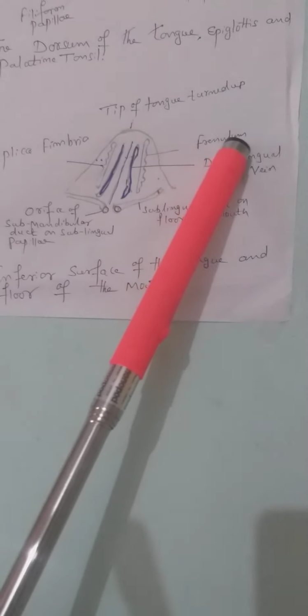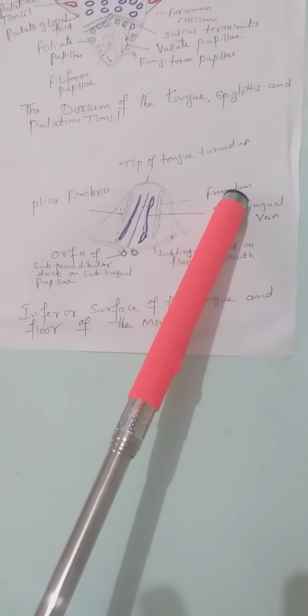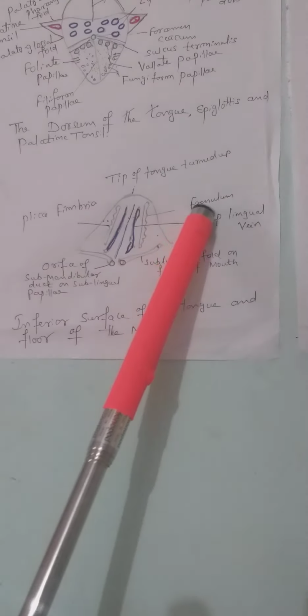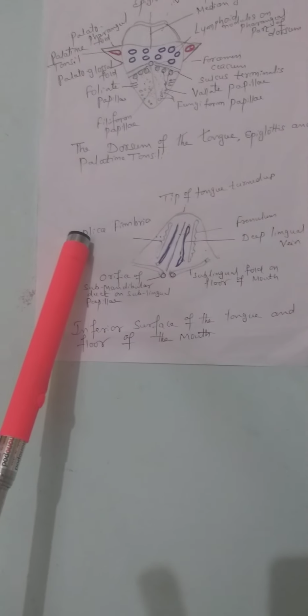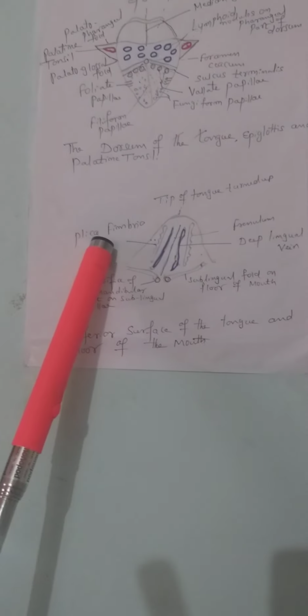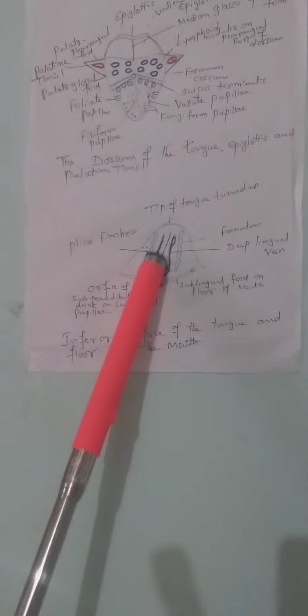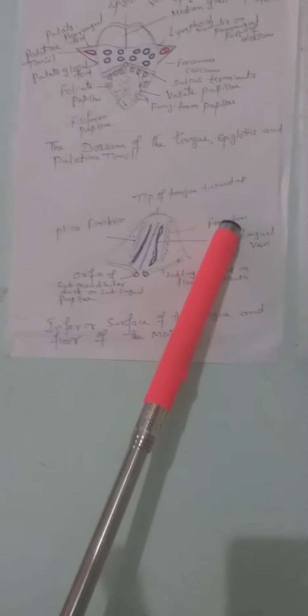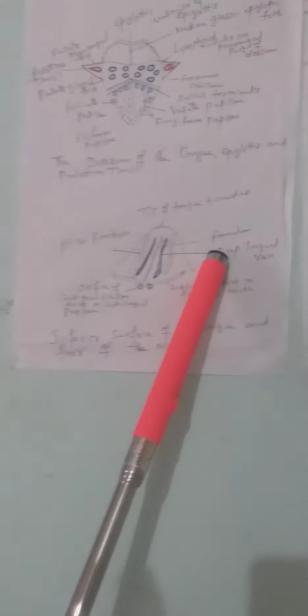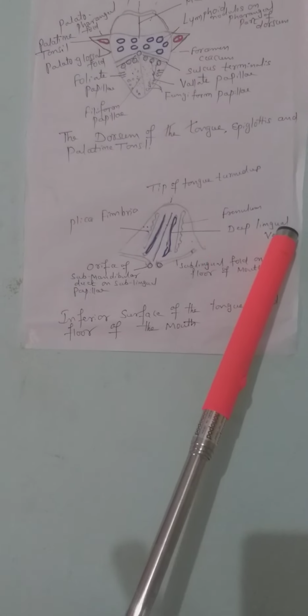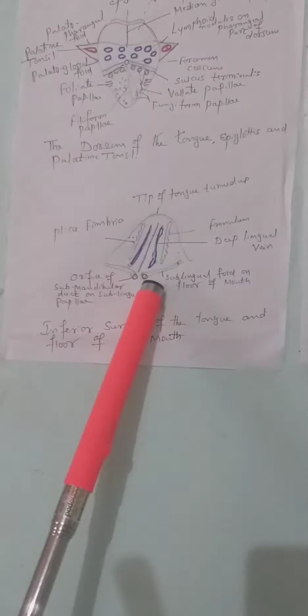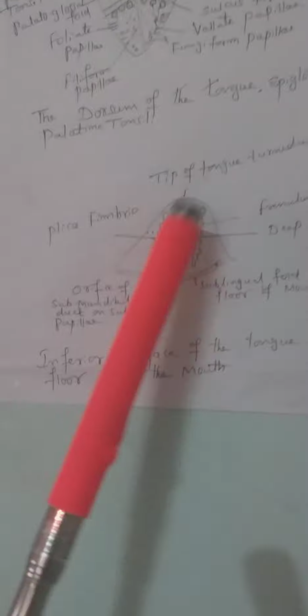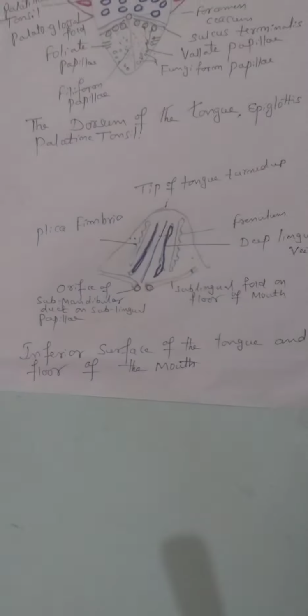The frenulum regulates the movement of the tongue, and there is a mucosal fold called plica fimbriata. The deep lingual vein can be seen here, and there is also the submandibular duct. These are the things you see on the inferior surface: plica fimbriata, frenulum, deep lingual vein.